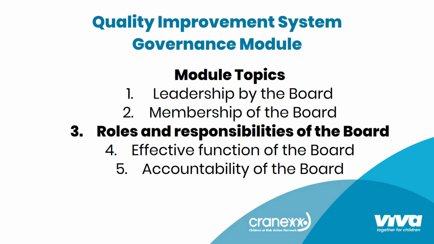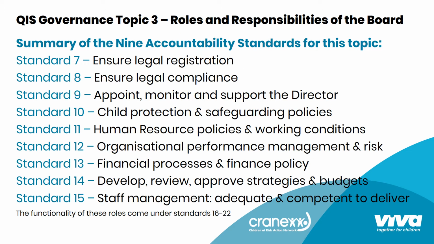So we have 5 topics in our governance module. You can see them there, and we have reached the one in the middle. This topic has 9 standards attached to it, from standard 7 to standard 15.